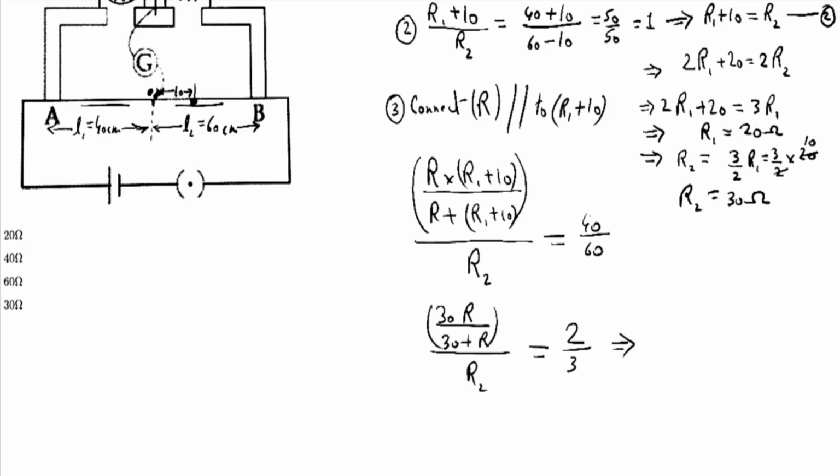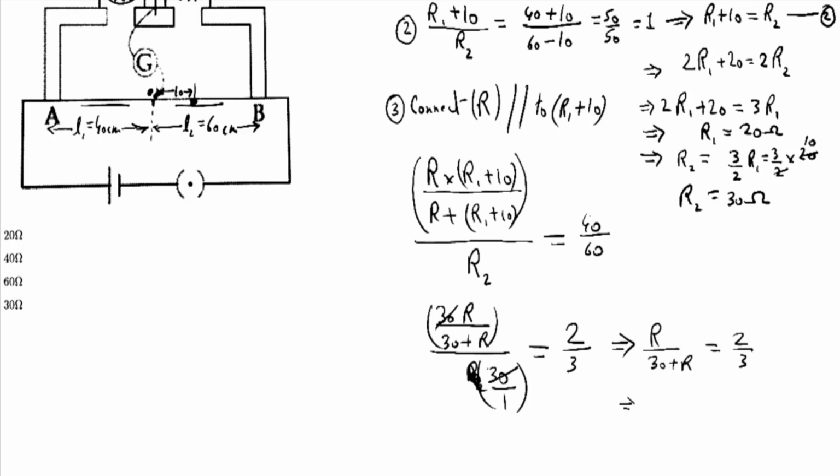So the value of R2 we will directly write, that is 30. So we see that these two 30 get cancelled out. This is divided by 1. So 30 and 30 are cancelled out, and we remain with the value as R upon 30 plus R is equal to 2 by 3.